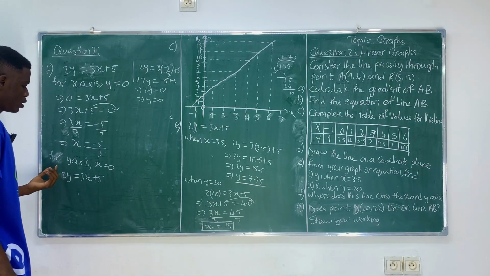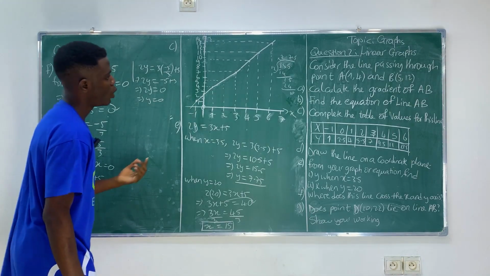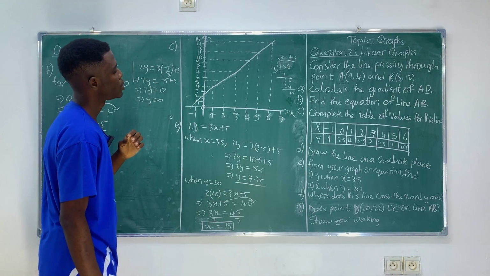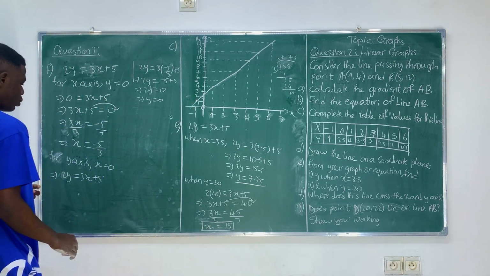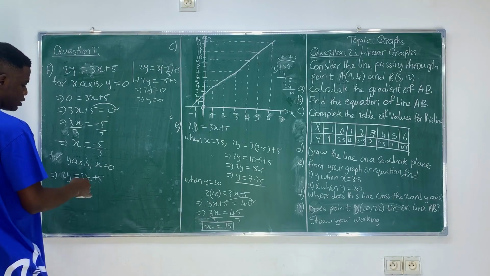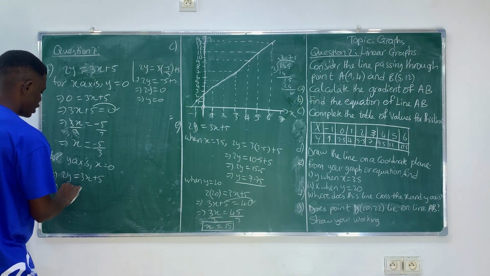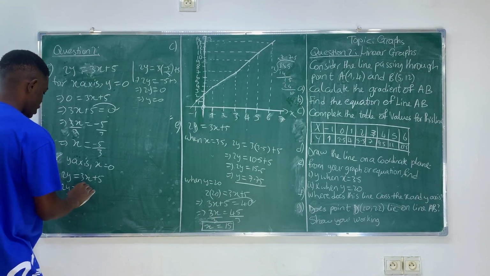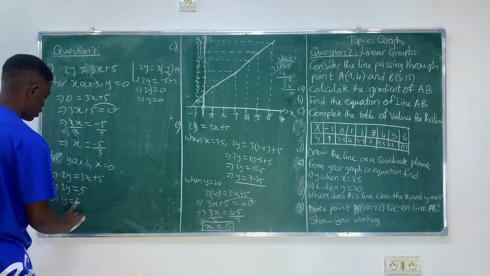Where the line touches the y-axis is at the point where x is 0. So if you put x as 0 here, we're going to have 2y equals 5, which implies y is equal to 5 on 2.